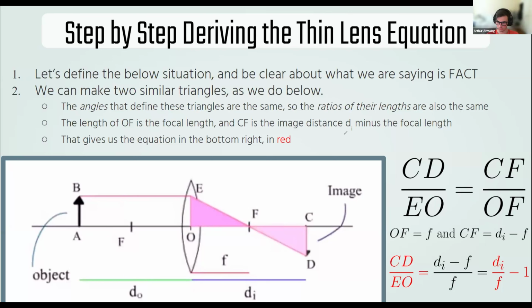Should I write it out? Yeah, sure. Di minus f over f is equal to di over f minus f over f, which in turn is equal to di over f minus 1. So we're just splitting the fraction into two, and one of them is equal to 1. Yep. So that's how we get here from this.